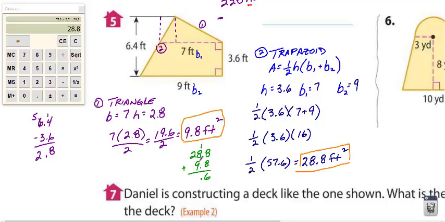Bring down my decimal, carry a 1. 1 and 8 makes 9, and 9 more makes 18. Carry a 1. 38.6. Bring it up to the answer line here. 38.6 square feet is the answer to number 5.